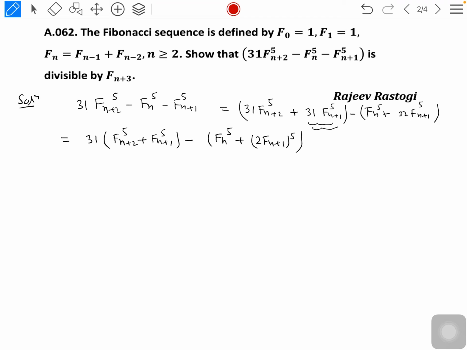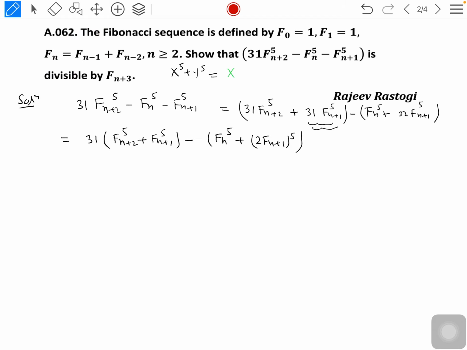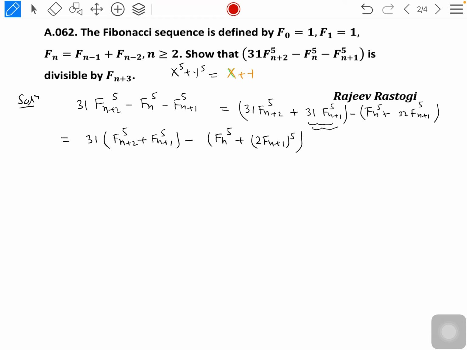And we are familiar with the factors of x^5 plus y^5, and clearly the factors are x plus y, and x^4 minus x^3 y plus x^2 y^2 minus x y^3 plus y^4.